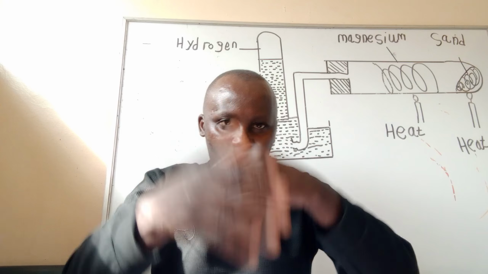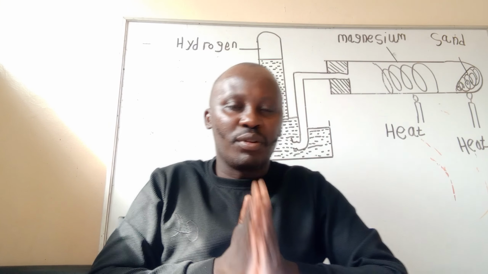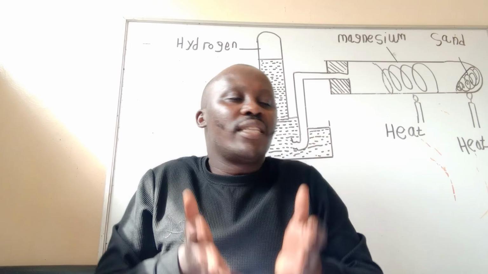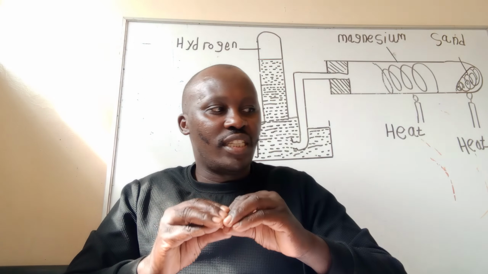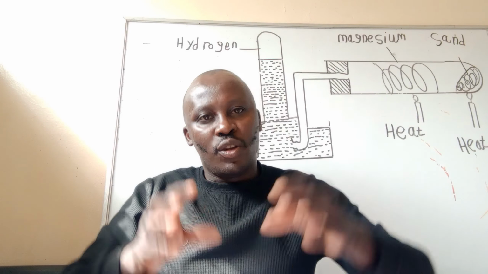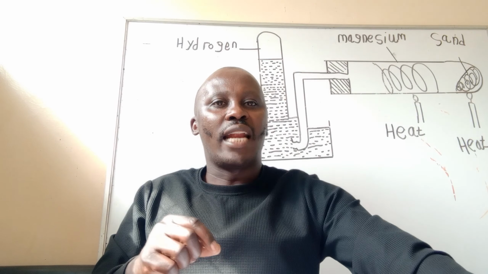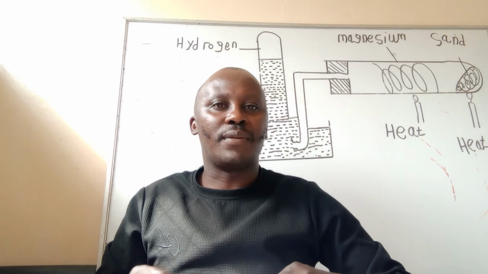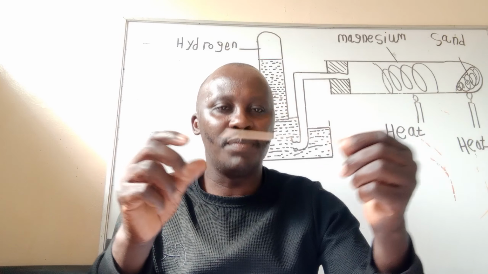So if it is describing that the gas produced is hydrogen, we need something where the gas can be collected. So in this case you need a gas jar, and you collect the hydrogen there. Another thing you need is a burning splint.